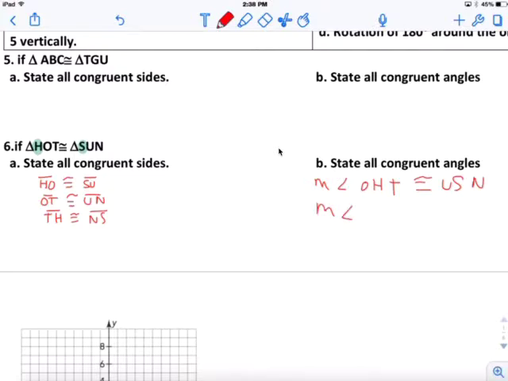Measurement of angle, okay, I'm going to look at angle O. Angle O next.